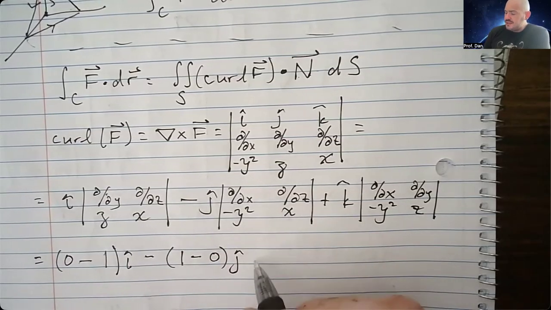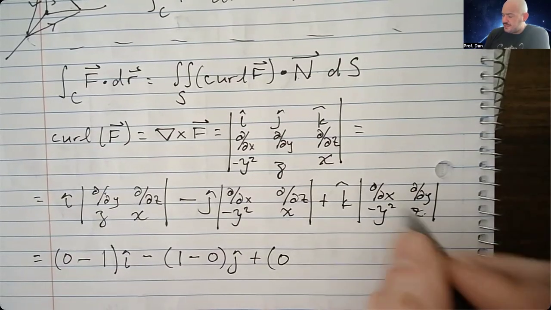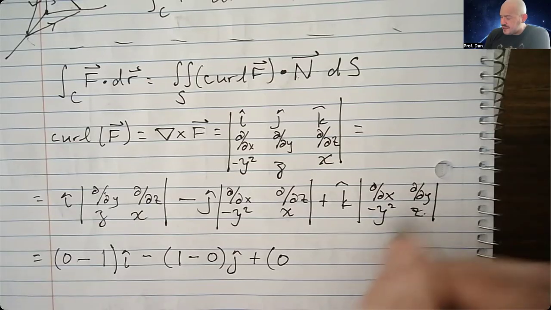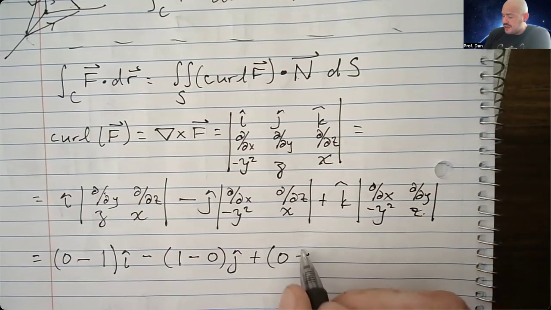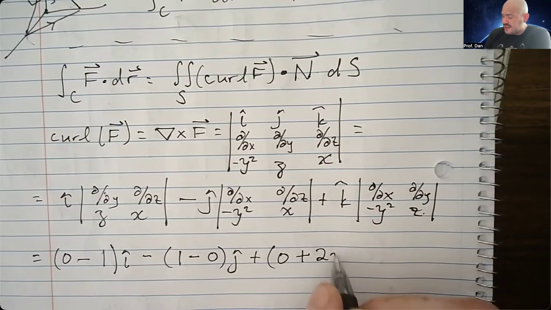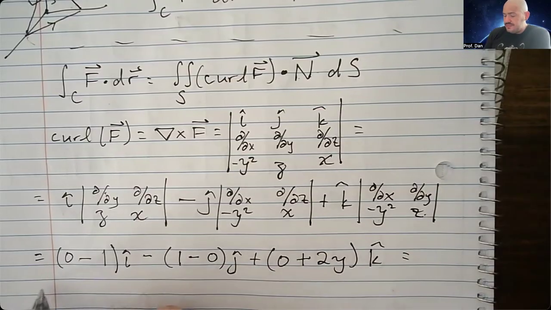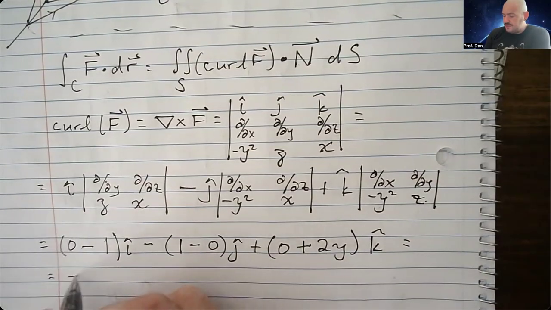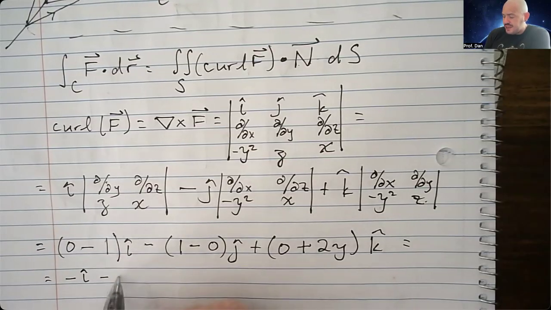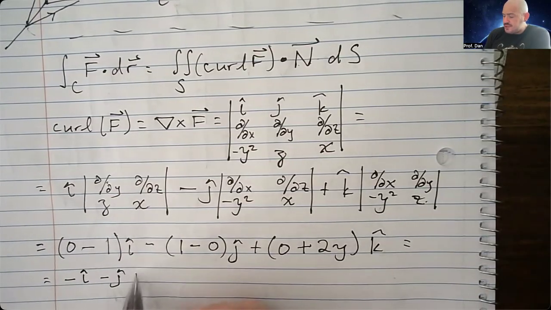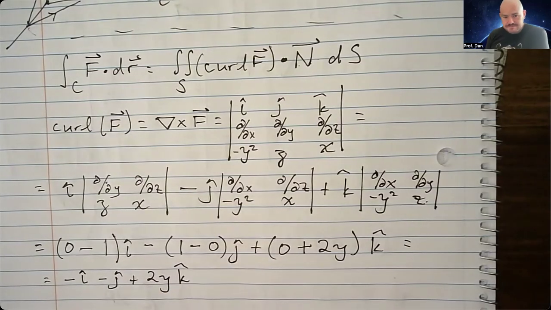And lastly, the derivative of z with respect to x is 0, and the derivative of negative y squared with respect to y is minus 2y. So minus a negative, we add 2y. Altogether, my curl is the vector negative i minus j plus 2y k. That's the curl.